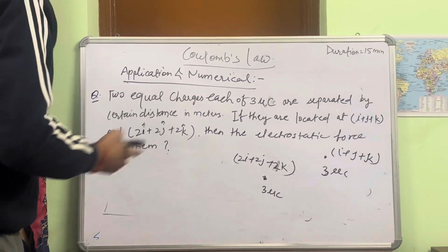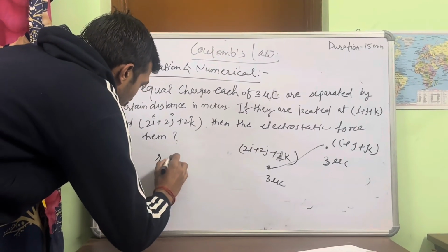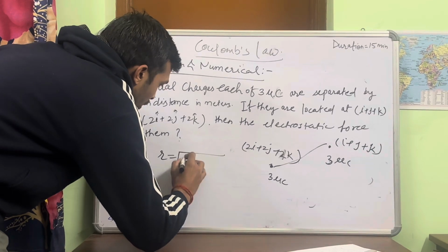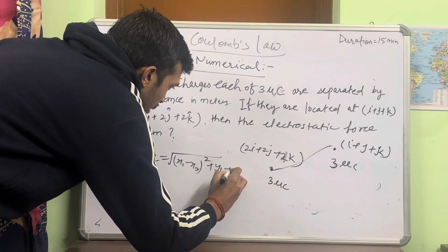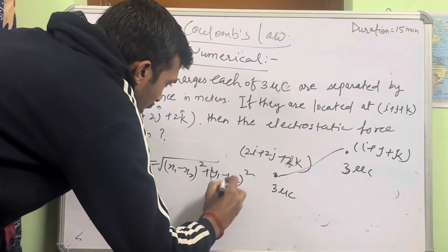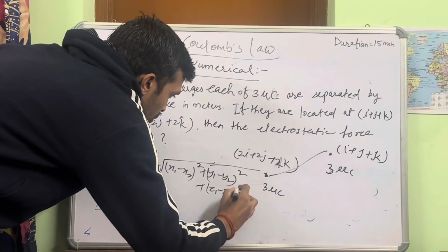So you can find the distance between two charges by the formula r equals the square root of (x1 minus x2) whole square plus (y1 minus y2) whole square plus (z1 minus z2) whole square.